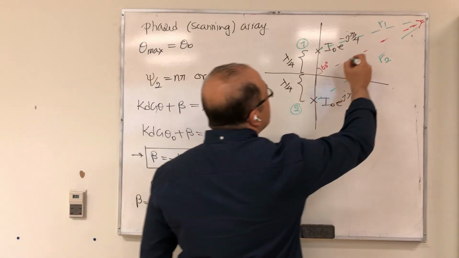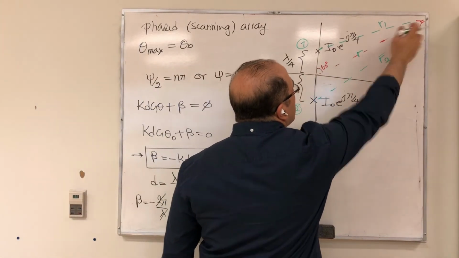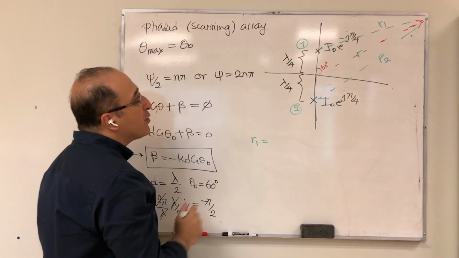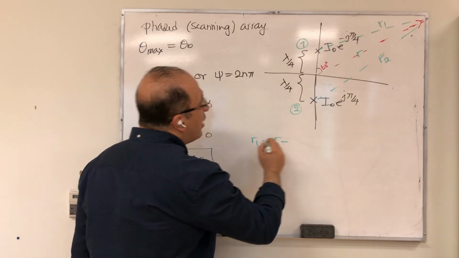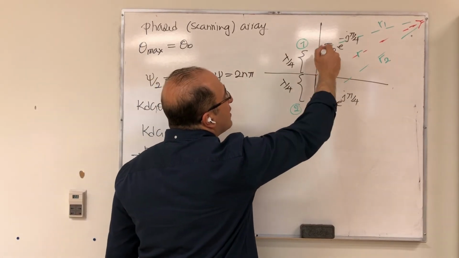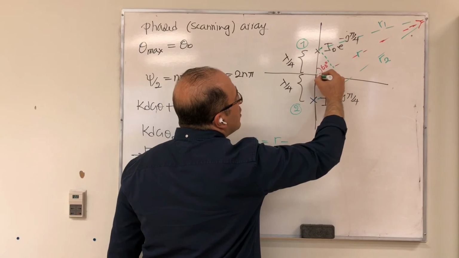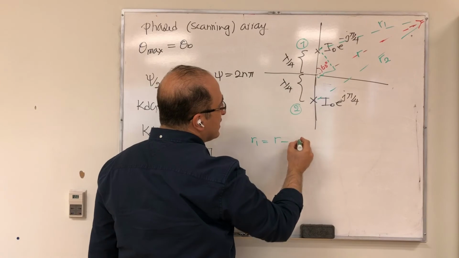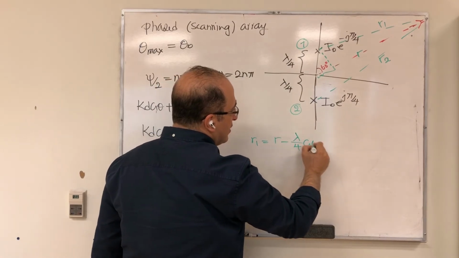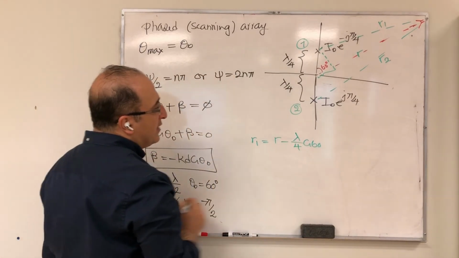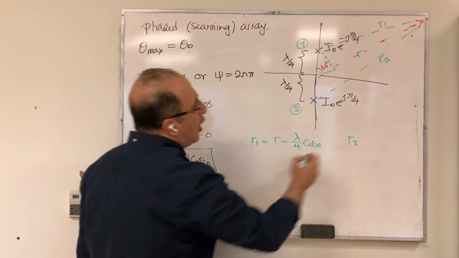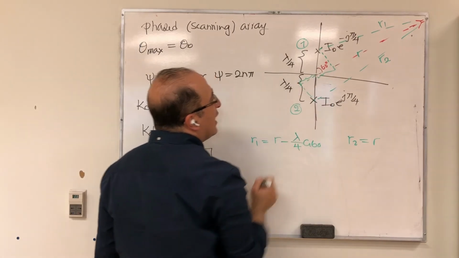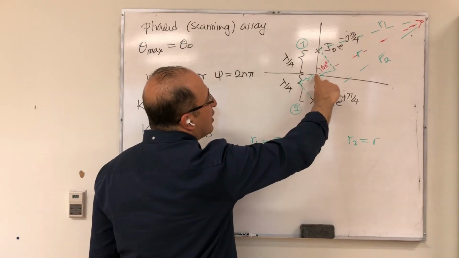So let's call this R from the origin to there, R. Therefore, R1, based on our phased approximation, is R minus the projection of this on here. So I'm going to project this here, so minus this, and this is λ/4 cos 60. And then what about R2? R2 is R, but this time plus this much, and this much is again the same thing, λ/4.